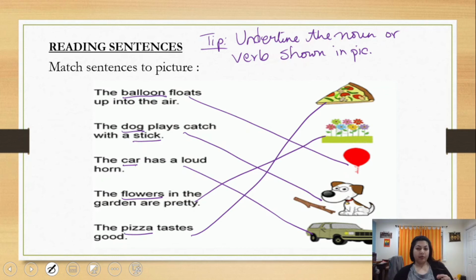Because later on the pictures will be replaced by more kinds of sentences and words. At that time, relation will be a little bit difficult if you are not used to looking for similar elements or key elements in both the sides of the column.